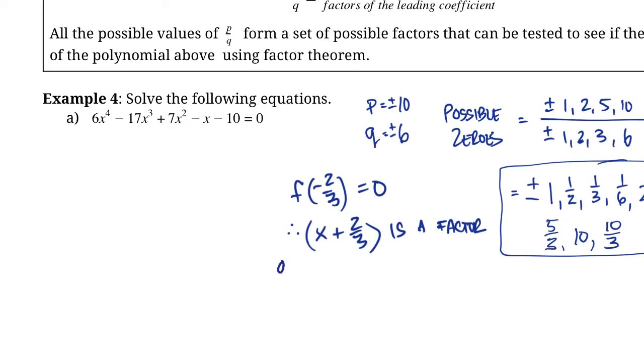So we could actually use 3x plus 2 as a factor. Because if you think about it, if this was a factor, you can move the 2 to the other side to become -2, divide by 3, and you'd still get this zero of -2/3. So it's up to you which one you want to use. Either one should get you the right factored answer at the end, though they might look a little bit different.